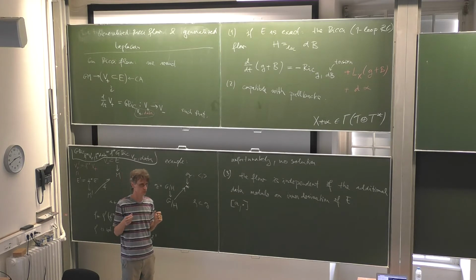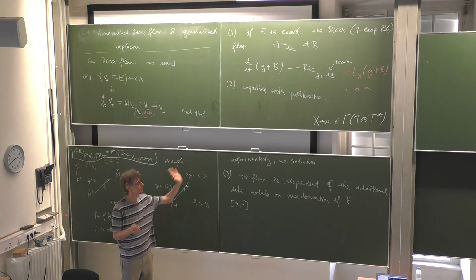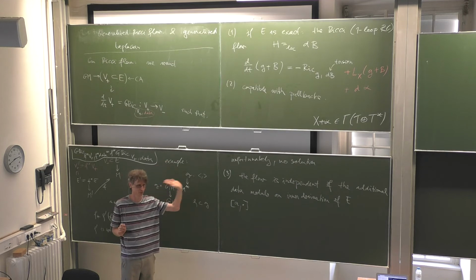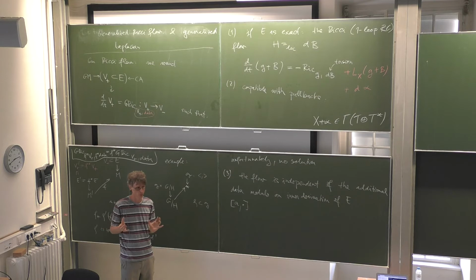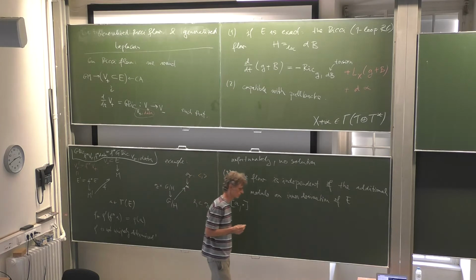In the case of exact Courant algebroids, there is a preferred choice of this additional data. So to say, we simply discarded that part, that we don't have it there. But if you want it to work for arbitrary Courant algebroids, then unfortunately there is no preferred choice. So that's roughly the answer.